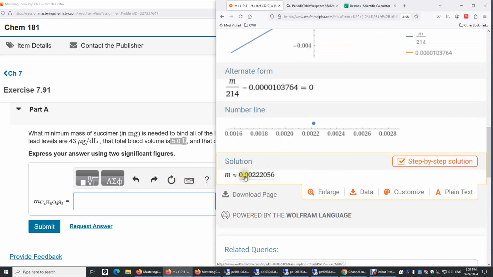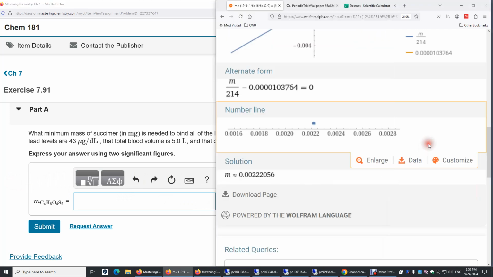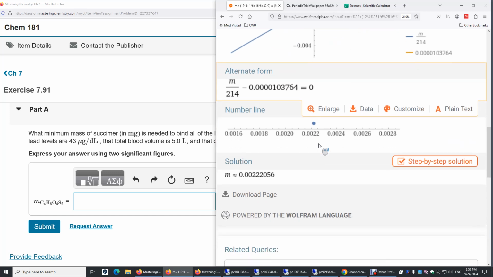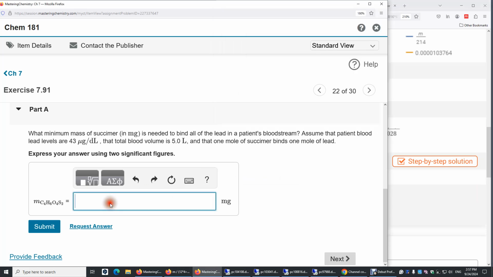It's going to be 0.00222 grams. Over here the unit is milligram. So what we can do is convert this in grams to milligrams by multiplying this number by 1,000. So it's going to be 2.22 milligrams.